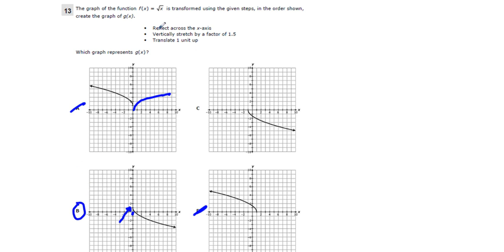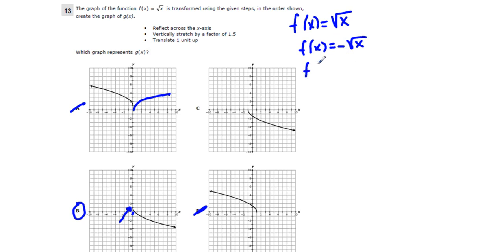So you should be able to play around with this. Another thing you could do is take this equation, f of x equals square root of x. And if you know what to do algebraically and you want to reflect the thing, you can say, okay, reflect about the x-axis. We'll just make this negative out here. Vertically stretched by a factor of 1.5.